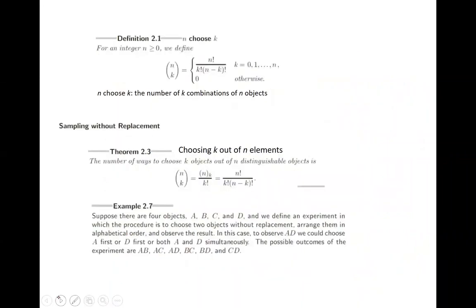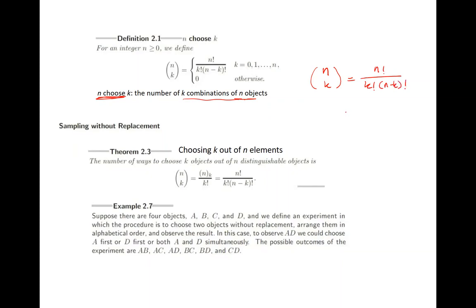Next, we have a definition. This is called n choose k. So we choose k. The number of k combinations of n objects is called n choose k, and it is given by n factorial divided by k factorial times n minus k factorial. Okay?